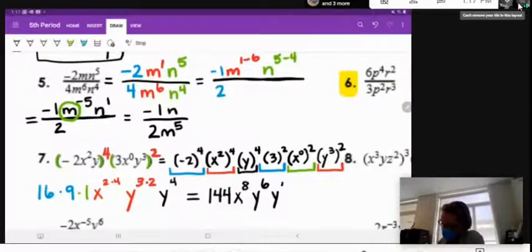And then we have a y to the 4th. So I feel pretty much done. Do I look done? No, there's still something else we can do to simplify. See these? These two factors have the same base. So we can combine them using our product rule and adding their exponents. So we get 144, x to the 8th, y to the 10th.